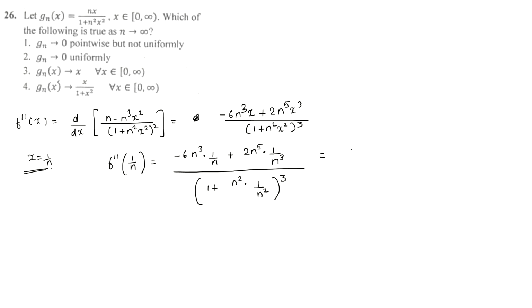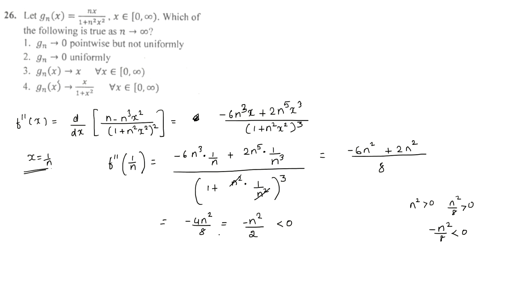This is equal to minus 6n square plus 2n square, divided by 2 cube, so this is 8. And this is equal to minus 4n square by 8, which equals minus n square by 2. Now clearly n square will always be positive, so n square by 8 will also always be positive, and therefore minus n square by 8 is always negative. So it is less than 0.